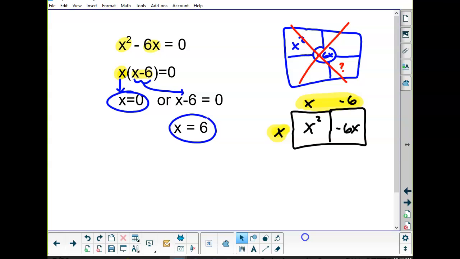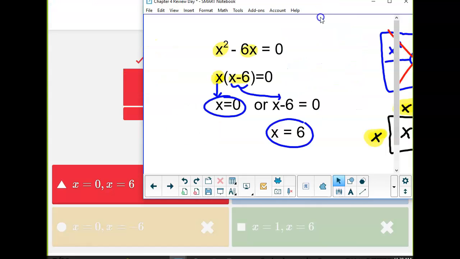So I just wanted to make sure that came up. That was something that we saw on a test or a quiz a while back, and I think that one kind of got us stumped a little bit. And it was just understanding what we mean by the word factor. Factor is pulling out common terms, and if there's only 2 terms and they both have an x, you can pull out a common factor of x.